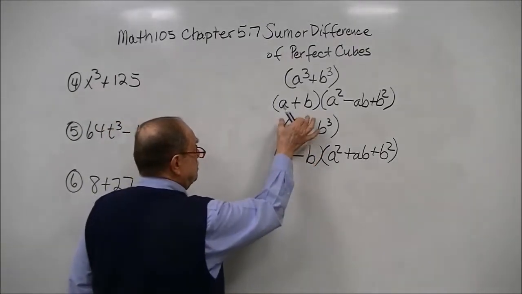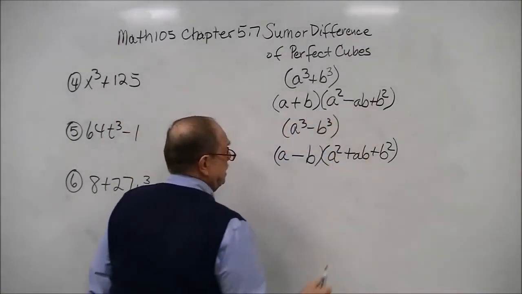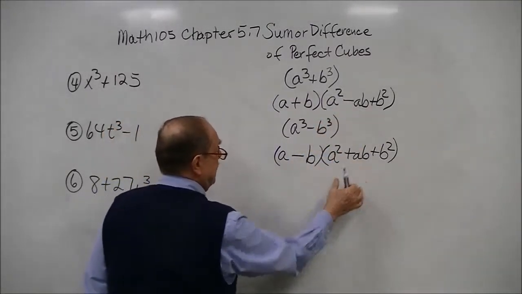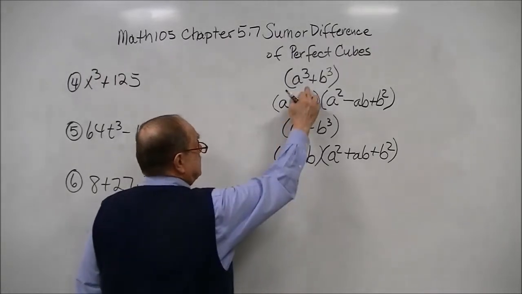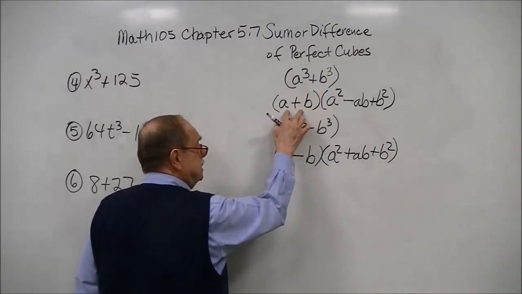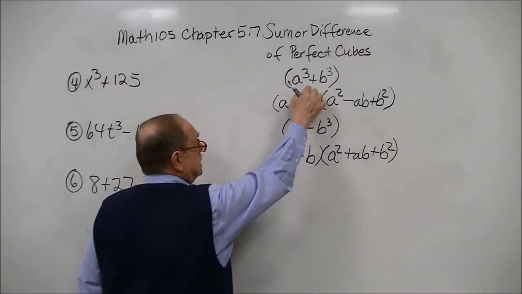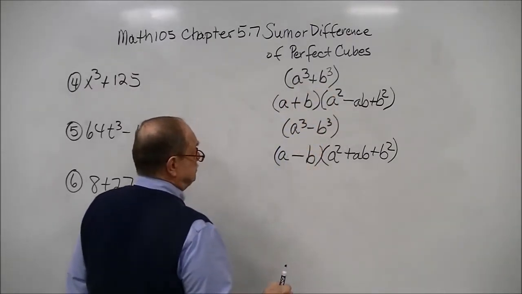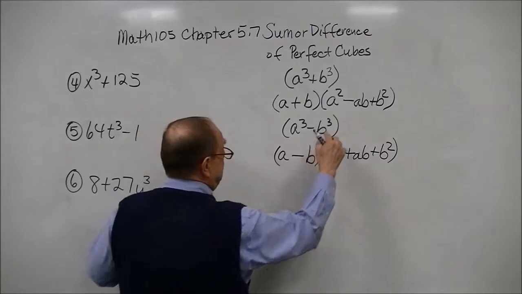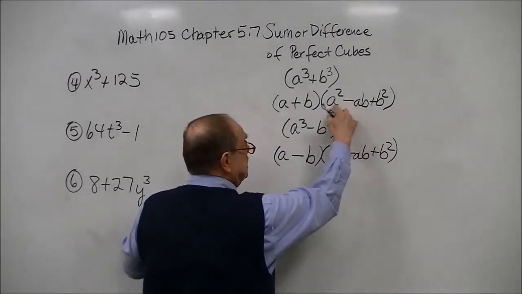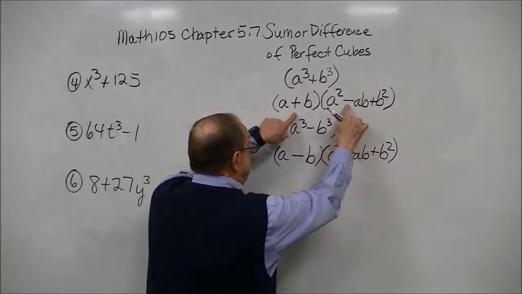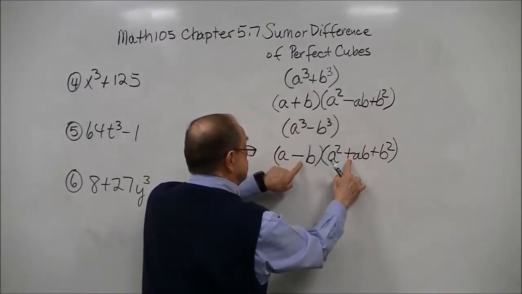Step one, parenthesis for two terms, parenthesis for three terms. Next, place your sign in the parenthesis for two terms, depending on the sign that's there. Then fix the sign in the middle of your three-term parenthesis. It's the opposite of this one.